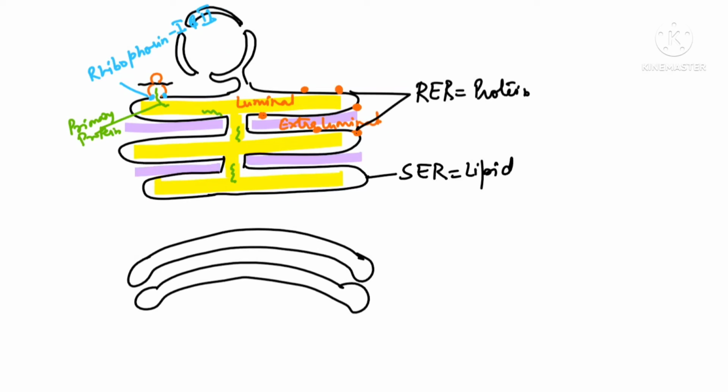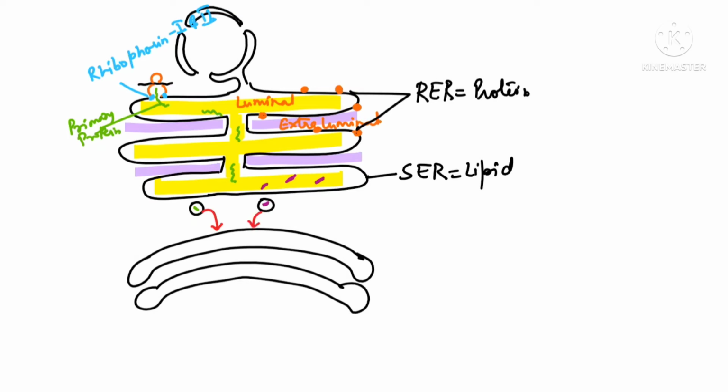Try to understand. From here, one vesicle is made, and this protein is now going to fuse with the Golgi. Now, smooth ER, I'll use this color, please focus. Smooth ER is making lipid. This will also be packed in vesicles, and this lipid will also be given to the Golgi.